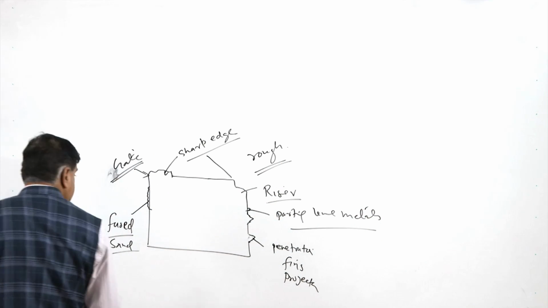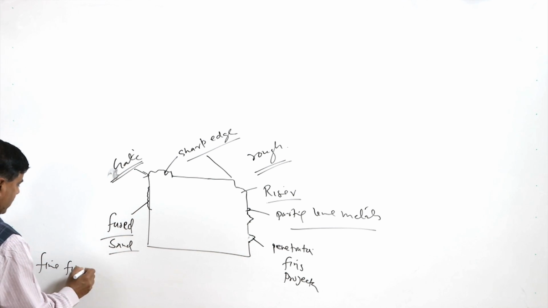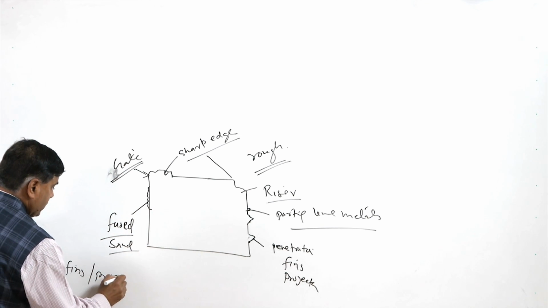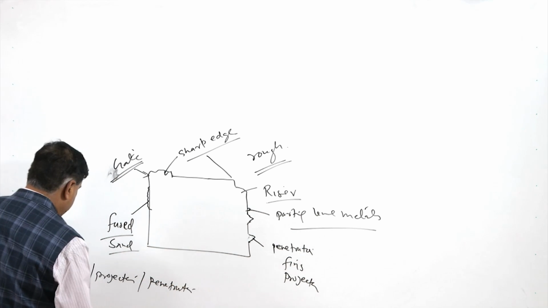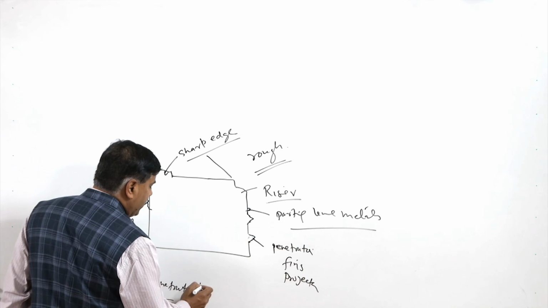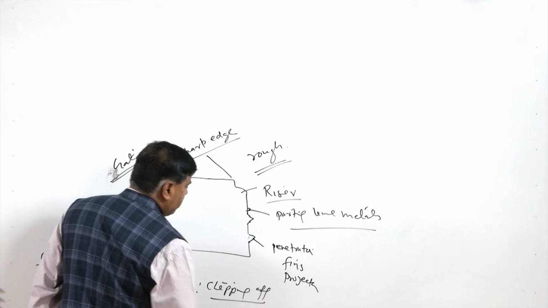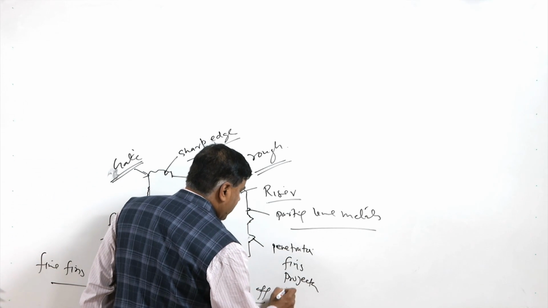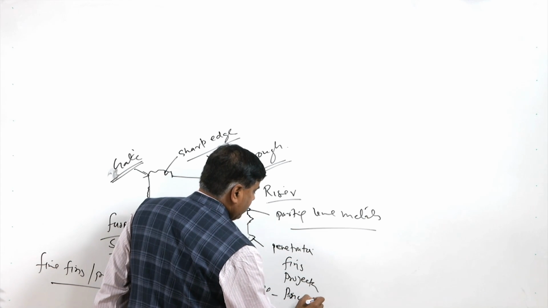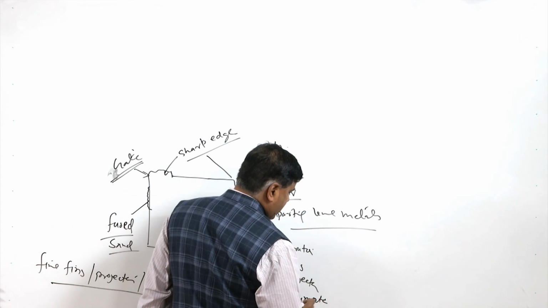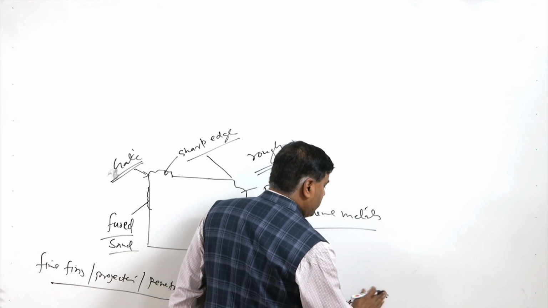So, if we see here the fine fins, projections or the penetration, all these are very thin in section and can be easily removed by chipping off. Basically, chipping off means we can use the pneumatic hammer, or manually, meaning hand tools.